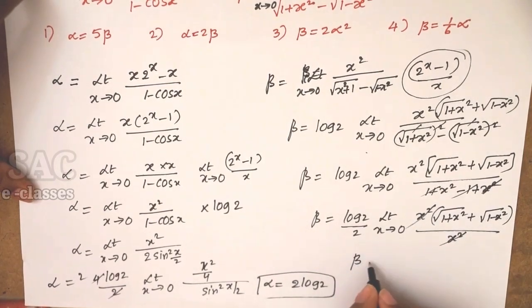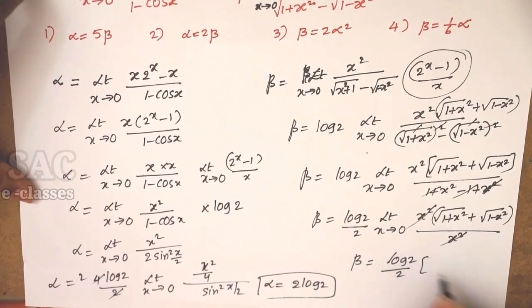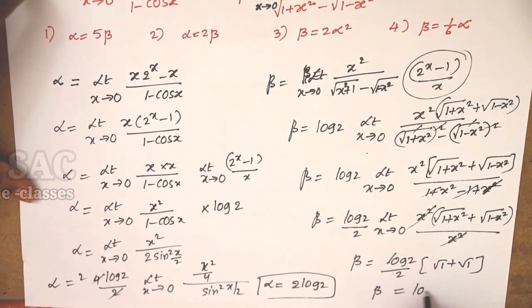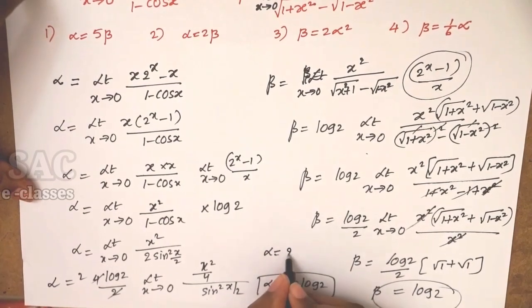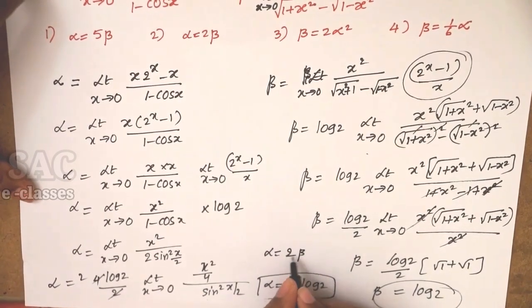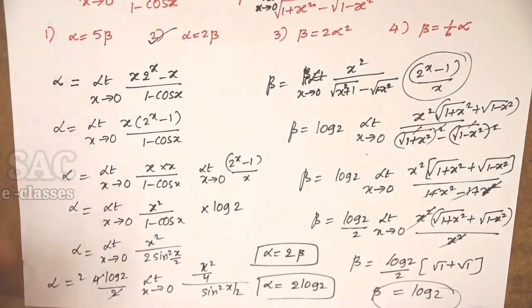After doing simplification, beta equal to log 2 by 2 into, apply the limit, root 1 plus root 1. Simply, beta equal to log 2. Now alpha equal to 2 log 2, and log 2 is the beta value. So alpha equal to 2 beta is the given one.